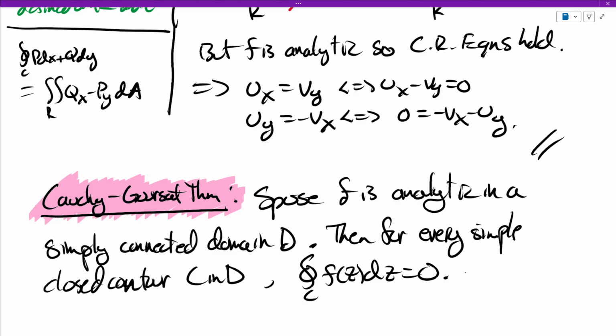So we don't need the continuity of the derivative.